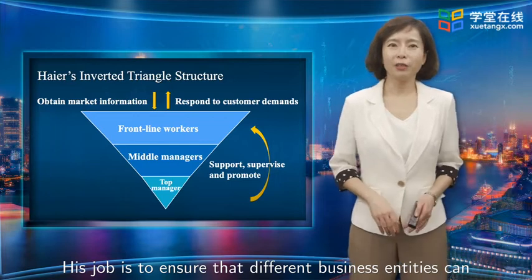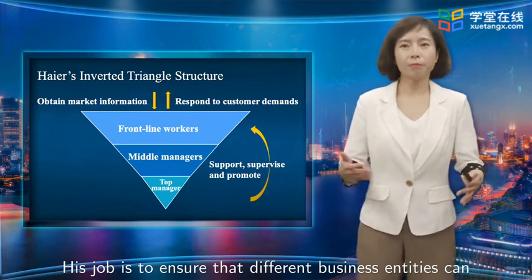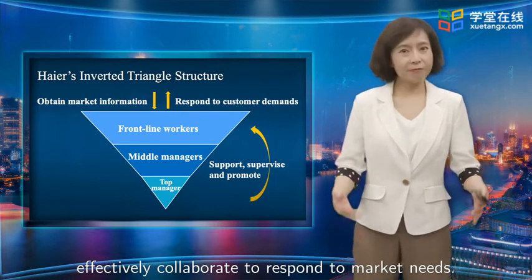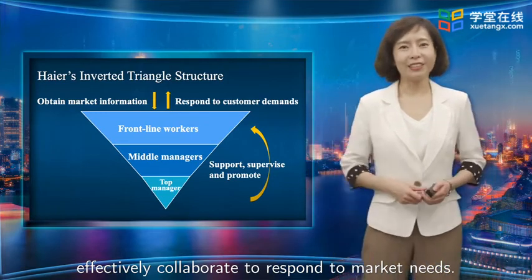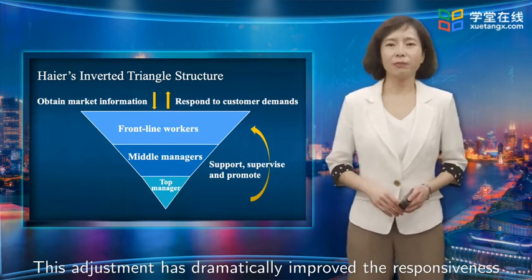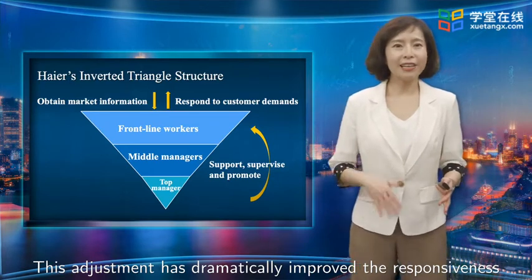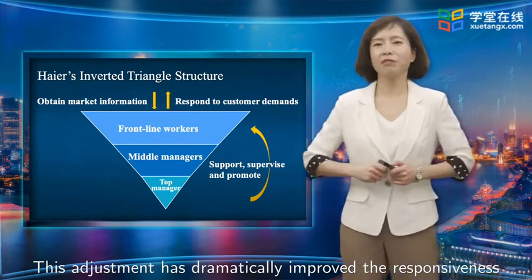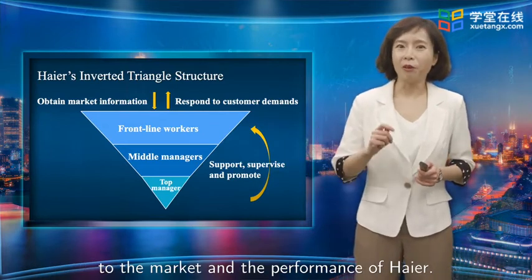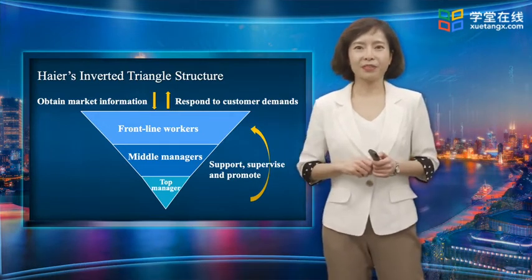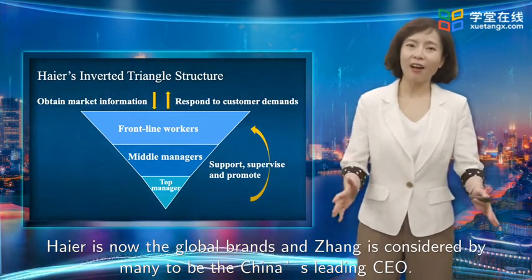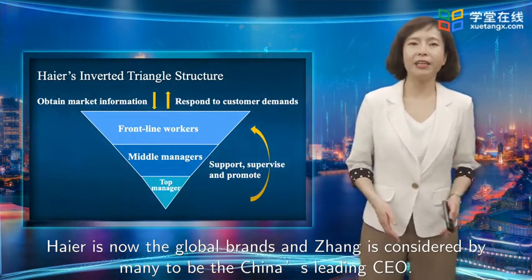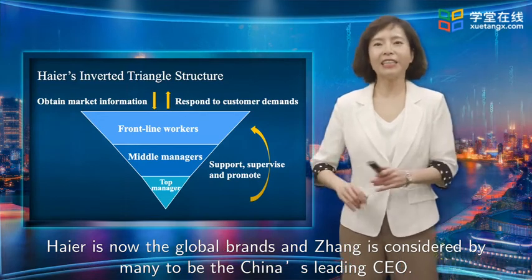His job is to ensure that different business entities can effectively collaborate to respond to market needs. This adjustment has dramatically improved the responsiveness of market and the performance of Haier. Haier is now the global brand, and Zhang is considered by many to be China's leading CEO.